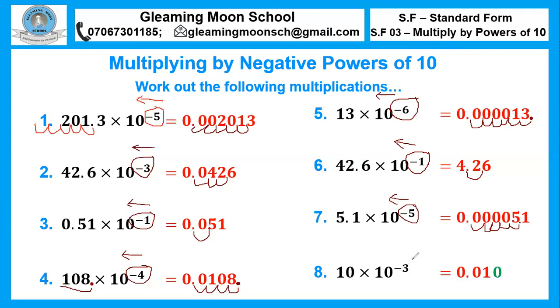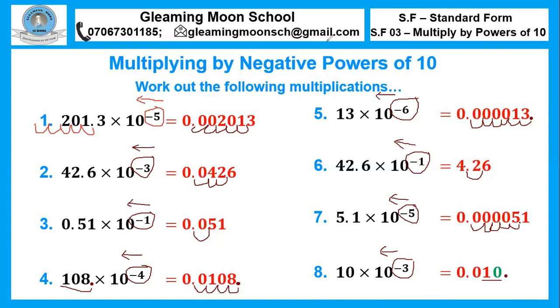And finally, number 8, it says -3. So that means you're moving 3 places to the left. And this is a whole number, 10. Here's your whole number, 10. And your decimal point is at the end here. If you notice, you will find that this 0 has a different color. I will explain that in a minute.